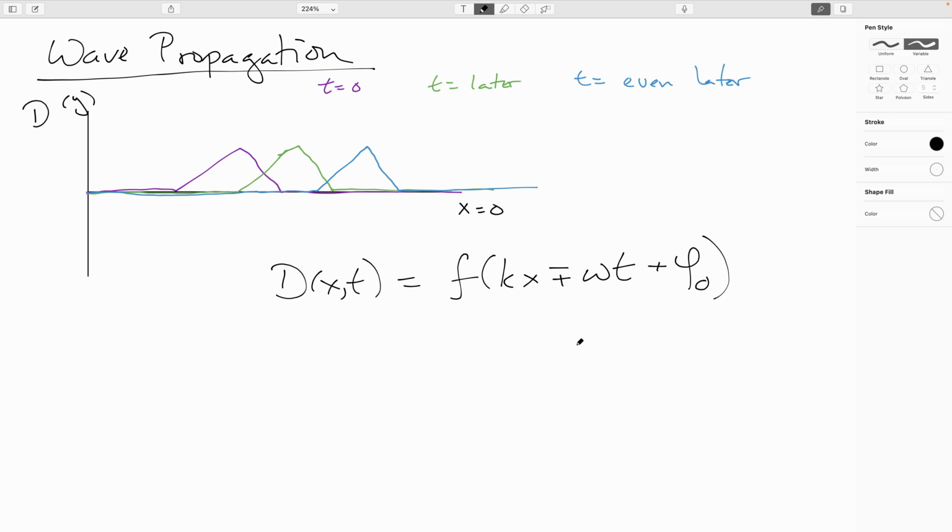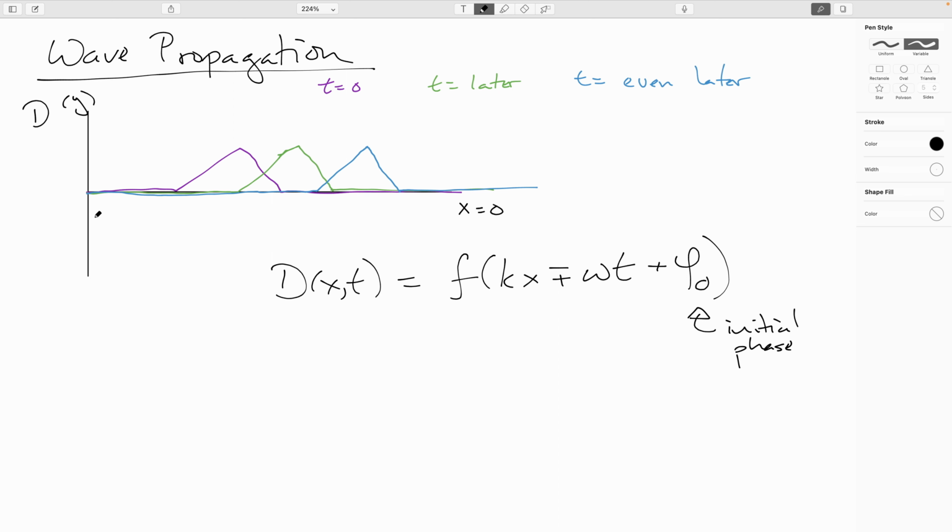But within the idea that I'm thinking ahead to sines and cosines, the usual name for phi naught here is the initial phase. And this is just the number that I need to put into the function to correctly describe whatever it is that the wave was doing at position x equals 0 at time t equals 0.